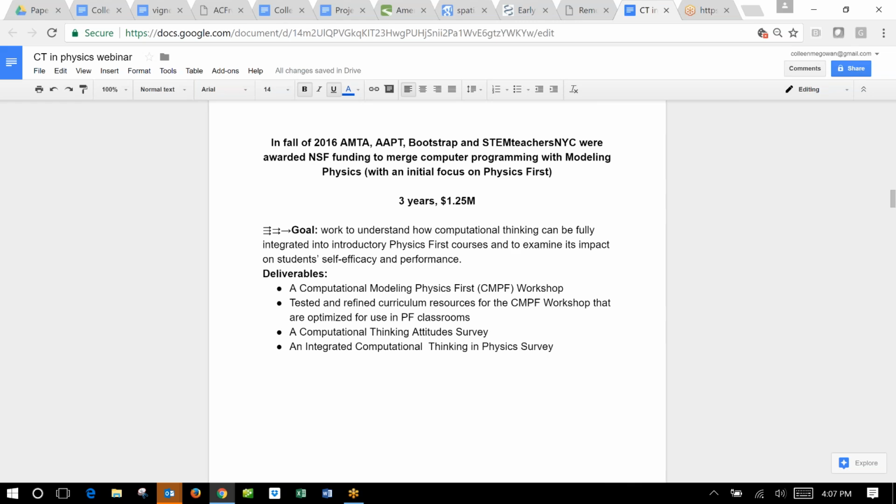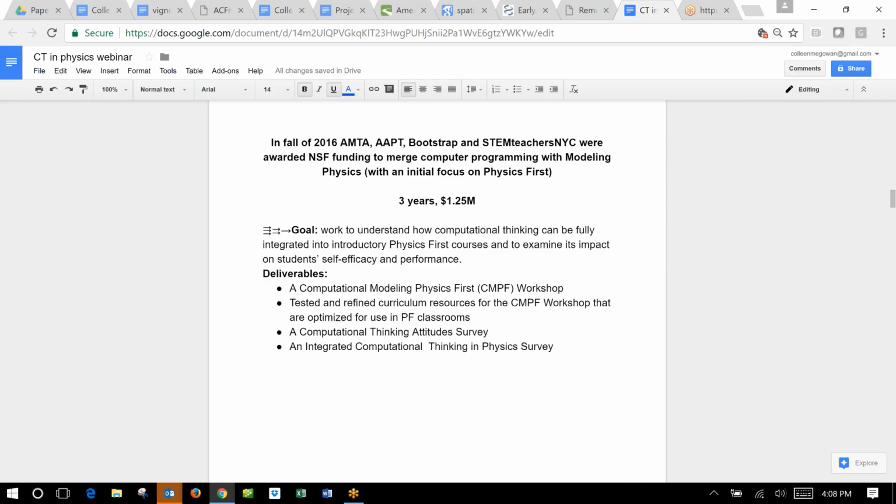So our deliverables for this grant are a fully functioning modeling physics workshop that is computational modeling and physics first, primarily. A tested and refined set of curriculum resources for the workshop that can be used in physics first classrooms.